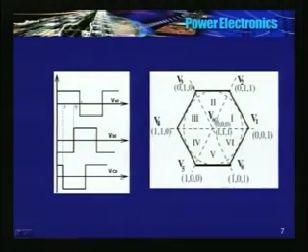Or in other words, if the magnitude of Vs lies within this hexagon or within this circle, then VIN, VBN, VCN are sinusoids.